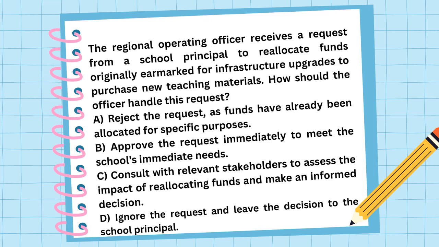Letter B. Approve the request immediately to meet the school's immediate needs. Letter C. Consult with relevant stakeholders to assess the impact of reallocating funds and make an informed decision. Letter D. Ignore the request and leave the decision to the school principal. Your timer starts now. 5, 4, 3, 2, 1.